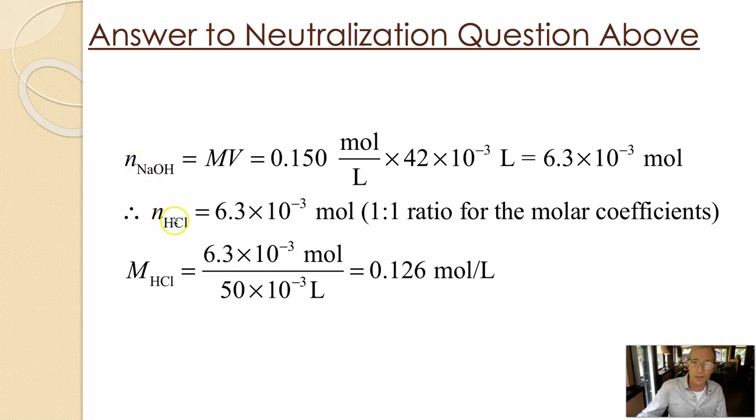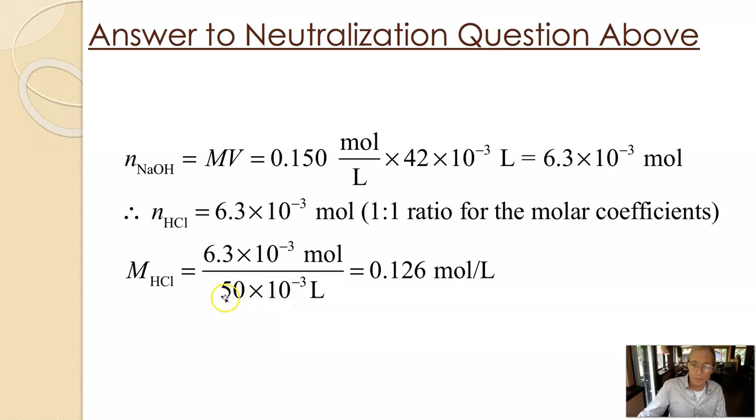So therefore, because of the 1-to-1 ratio, 6.3 times 10 to the minus 3 mole of hydrogen chloride are reacted. So we've got the number of moles, we've got the volume, that was predetermined when we set up the titration. We'll be doing a titration as a lab. So our molarity for the HCl is just going to be its number of moles divided by its volume. And again, I use that same thing.